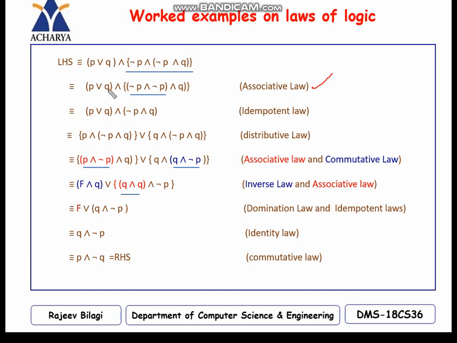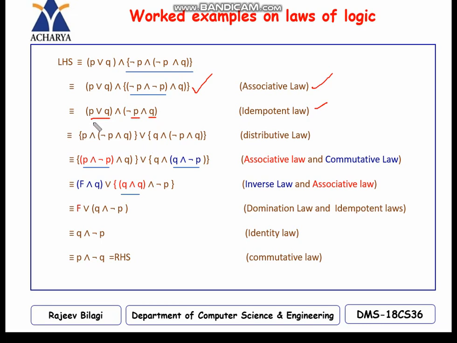So P or Q and inside bracket negation of P and negation of P and Q. Okay, so now negation of P and negation of P is negation of P, that is the idempotent law. Okay, so now this becomes P or Q and negation of P and Q.